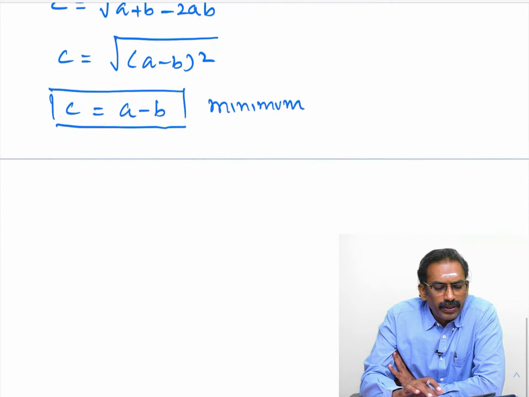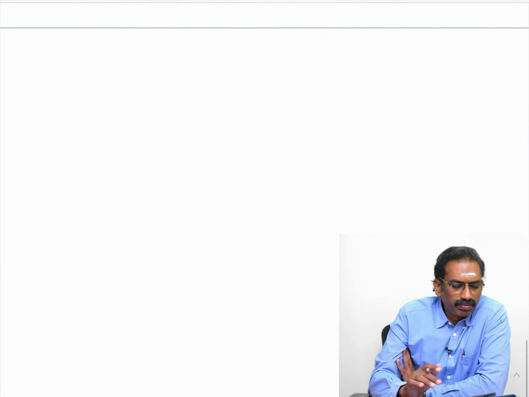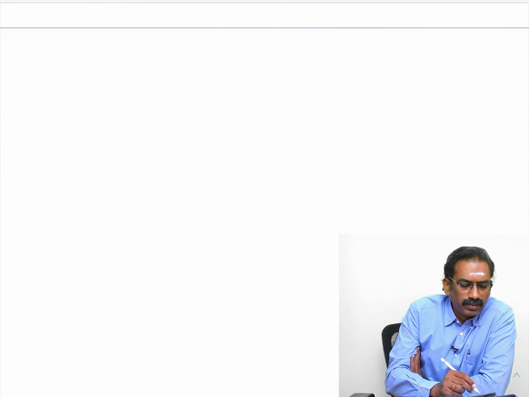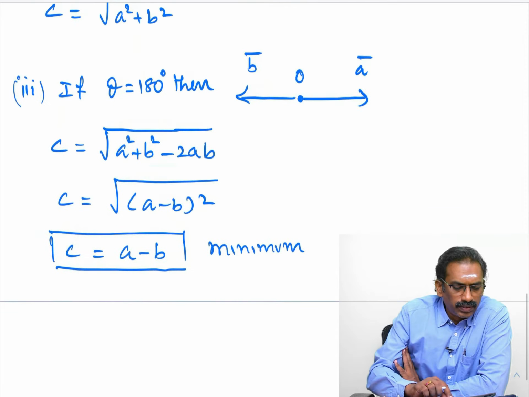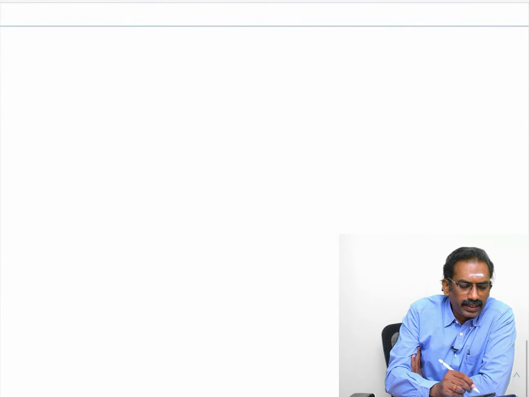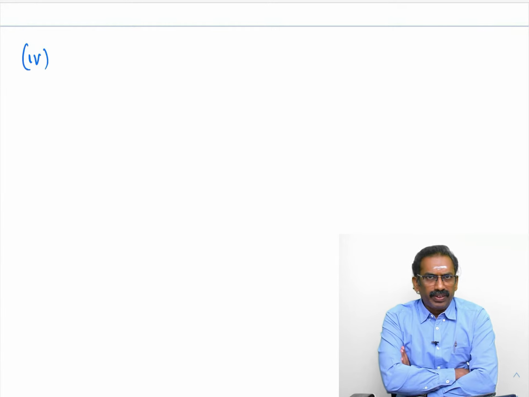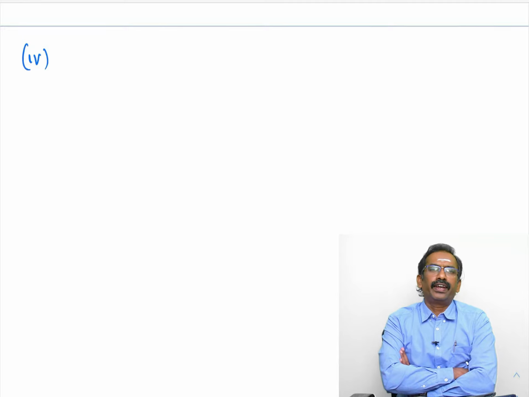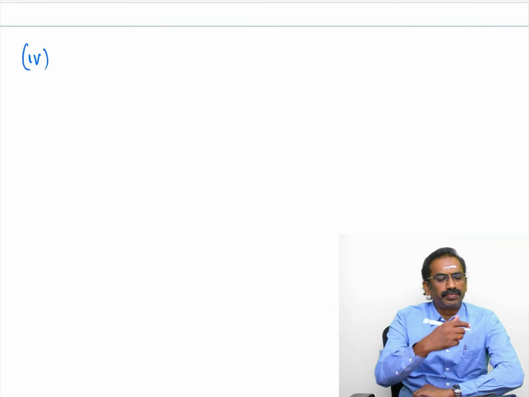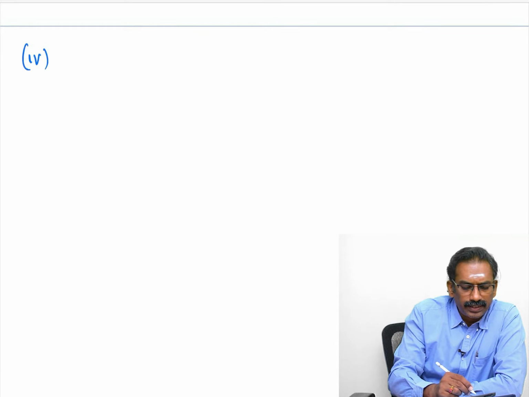Another case we are going to take. Let us take the 4th case. The magnitudes of A vector and B vector are equal and they are acting at an angle theta. This is the case.